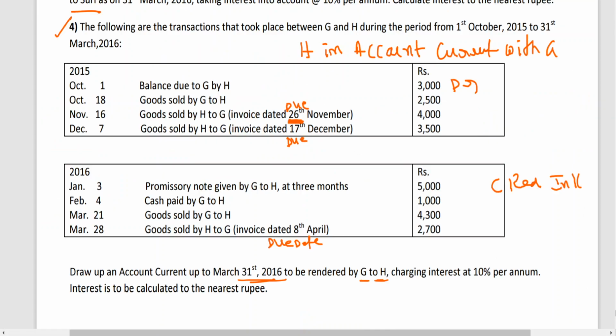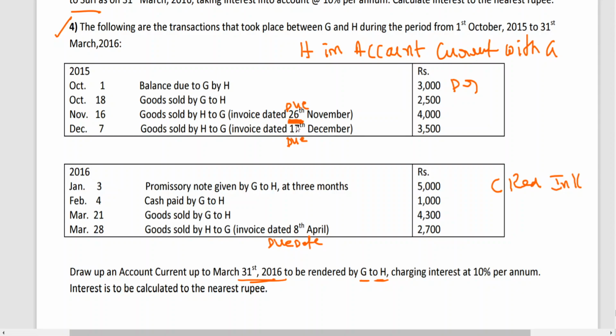The invoice date is nothing but the due date. They have told sold on the 16th, but invoice means the date the bill has been generated, on the 26th, so the due date starts from that date. So whenever the invoice date is given, it is nothing but the due date. Since it is not a bill, no need to add any grace days. Only for bills of exchange you should add grace days.